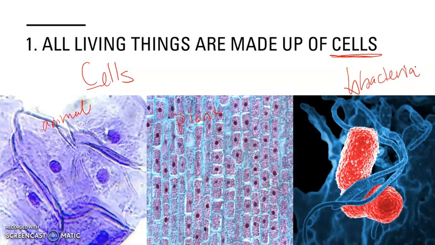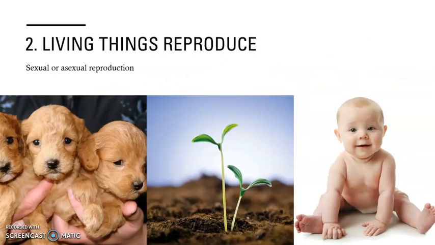So those cells can be unicellular. So that's one cell. Or they can be multicellular, composed of many cells, like you and me. We're multicellular.